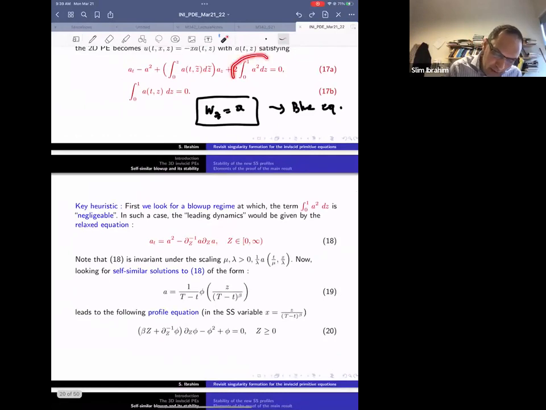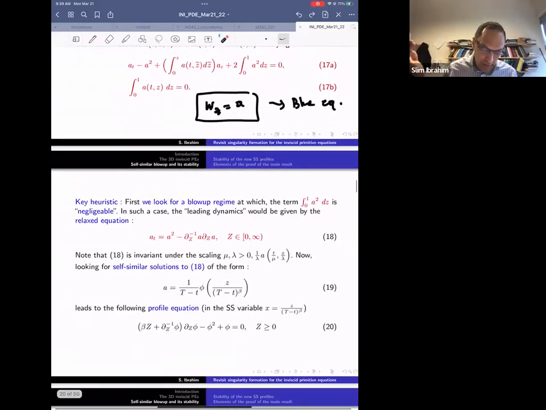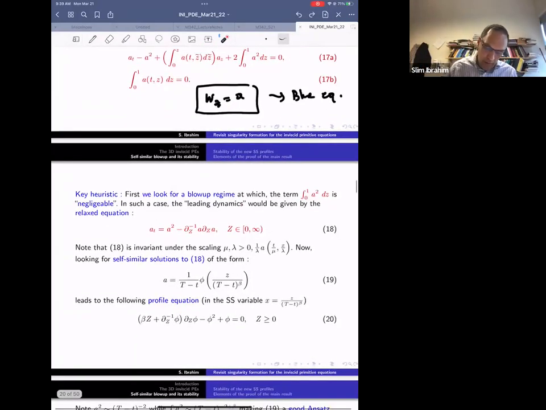Remember that this term is exactly the pressure term. Okay, so it's just a guess. Let's see if we can find a regime in which the pressure term is negligible somehow. We don't know yet.